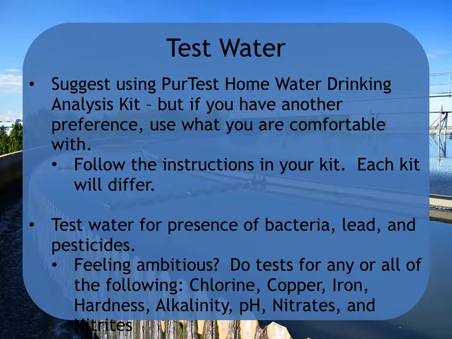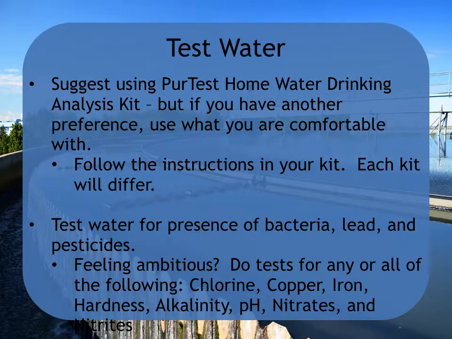First, you will test the dirty water. We suggest using Pure Test Home Water Drinking Analysis Kit for ease and low cost, but feel free to use any test you like. Make sure to follow the specific instructions for your kit, as each kit may differ slightly.